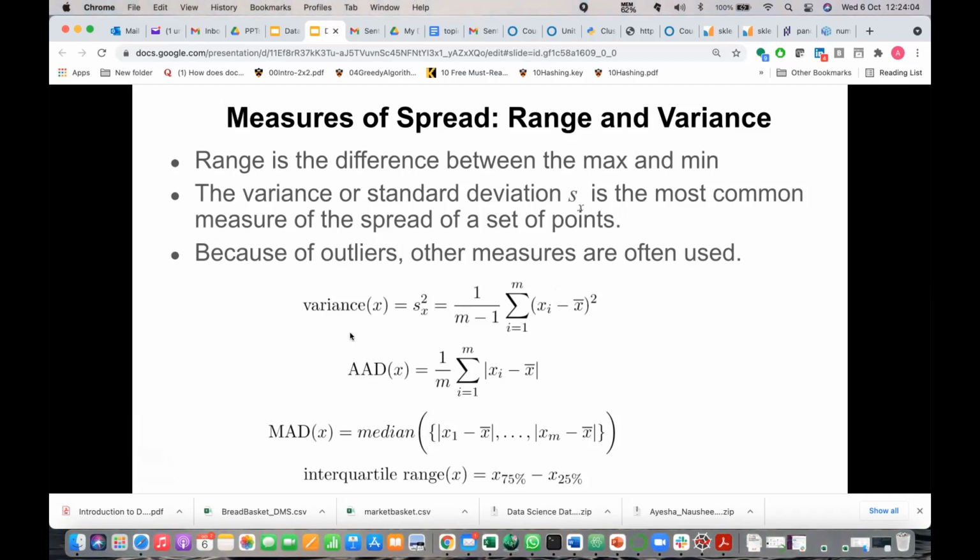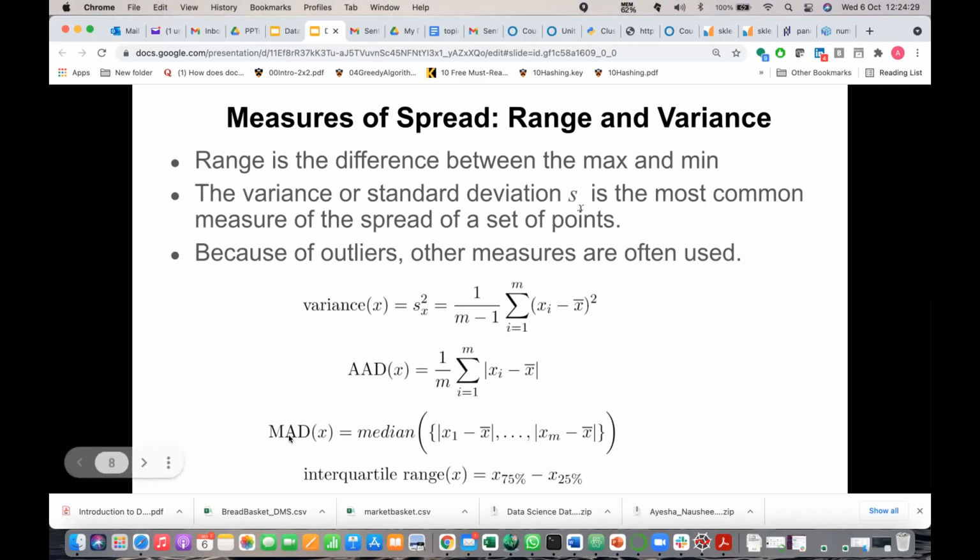Nowadays people are moving a little bit toward AAD, but it has its own problems. Mathematically, the mod function is not differentiable. Those things will come later, but coming to the representation, it gives you exactly the differences between values, whereas in variance you are amplifying them by taking squares. So absolute average distance is also one of the important spread measures.